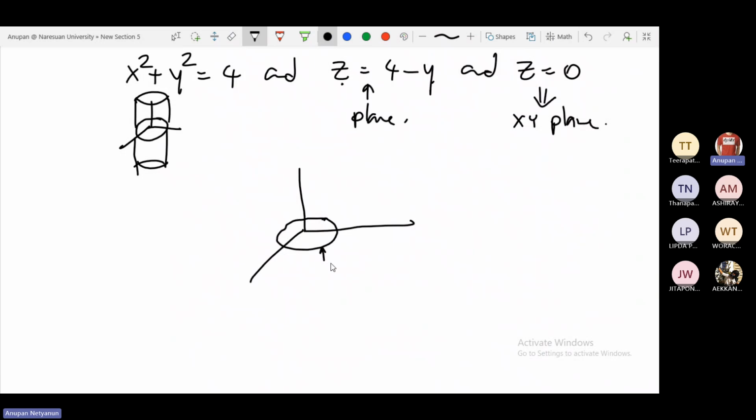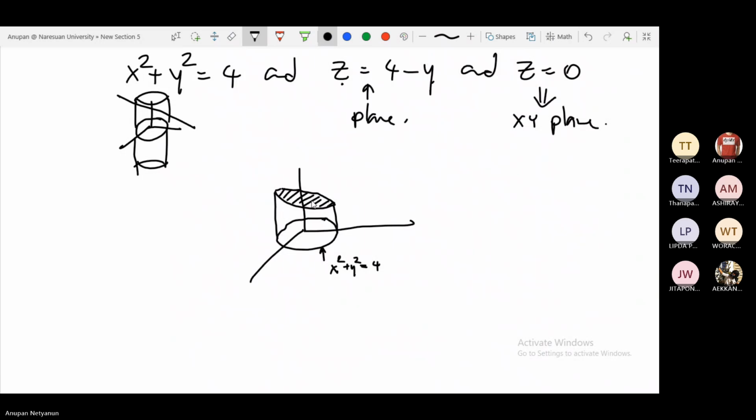This is x squared plus y squared equal 4. Okay. And then you have this. And the plane cuts the cylinder. Okay, so this is a plane, part of the plane. And it cuts the cylinder. Like this. Okay, and you are left with this surface.